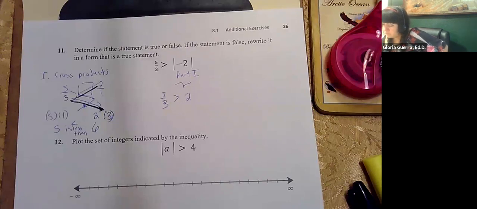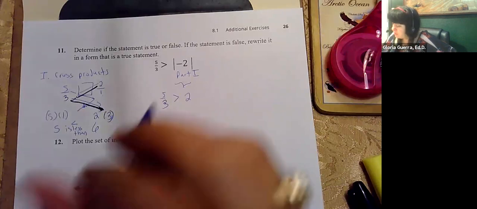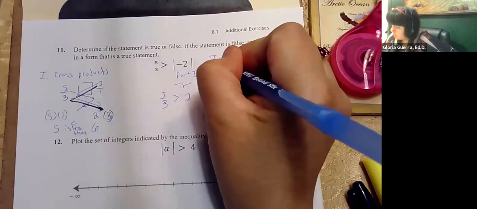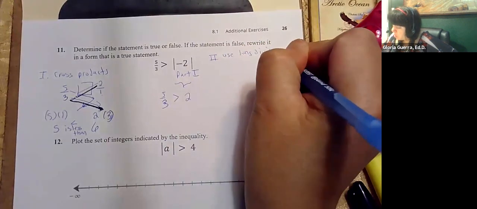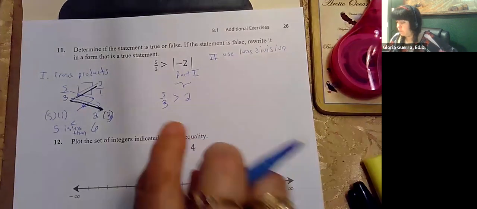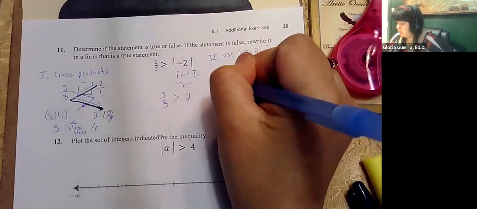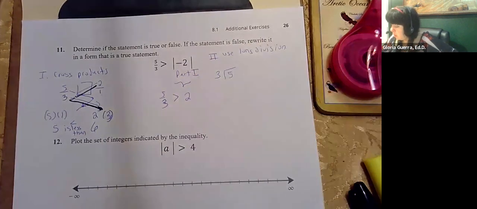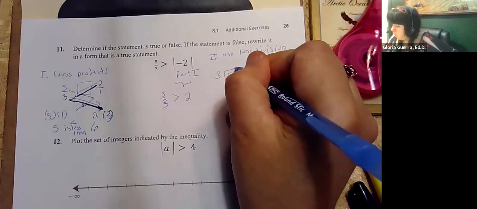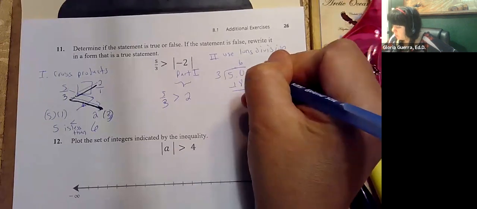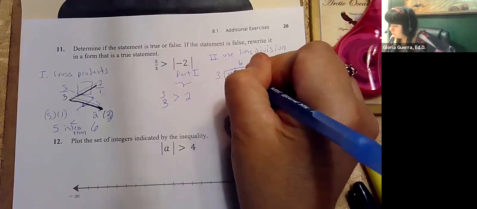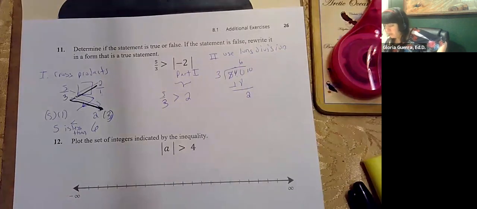So one method is to do cross products. The other method is to just do long division. You have the 5, and it's important to set it up correctly. The 5 goes inside the house. Make this a 10, you have to borrow, decrease this. 10 minus 8, 4 minus 1 is 3.